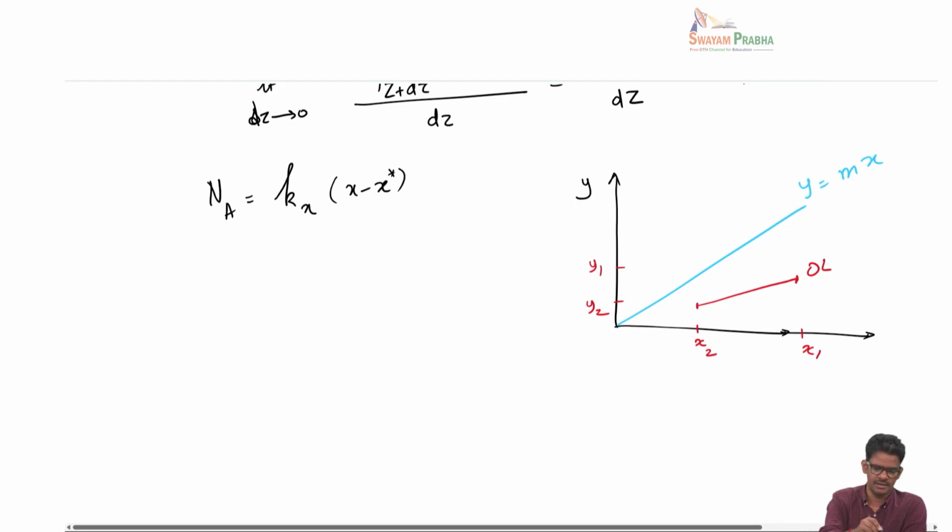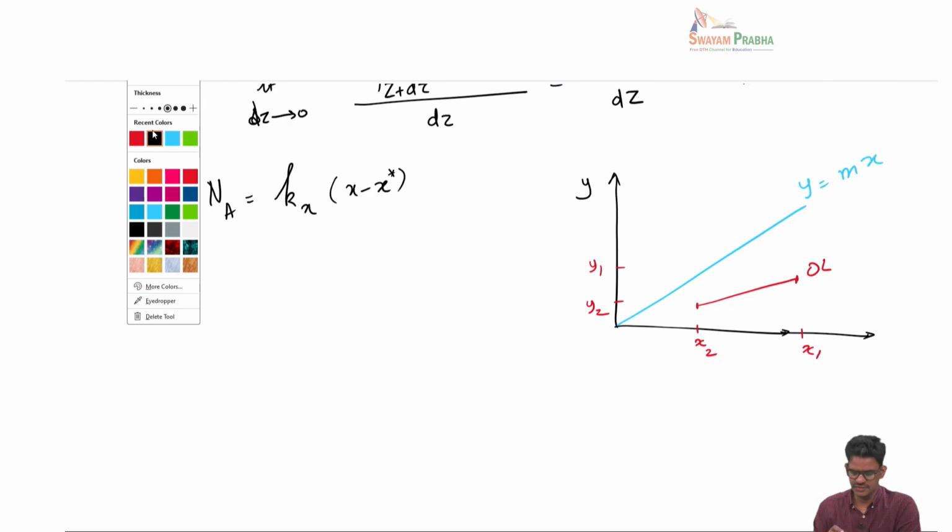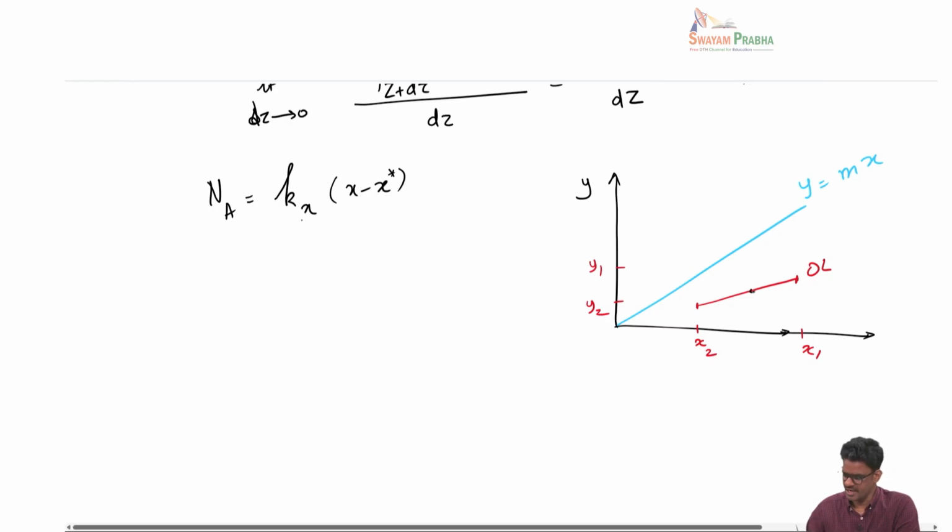Now, here we are saying the mass transfer rate, if I take any point on this line, is given by kx times x minus xi, right. xi is the interfacial concentration corresponding to the equilibrium line, and this line is called the driving force line, whose slope depends on minus kx by ky, if you remember.